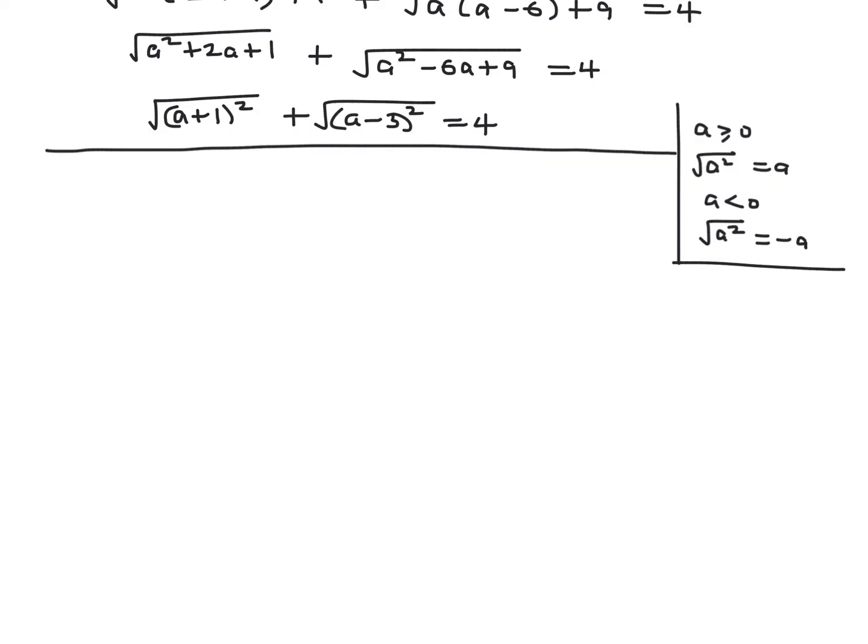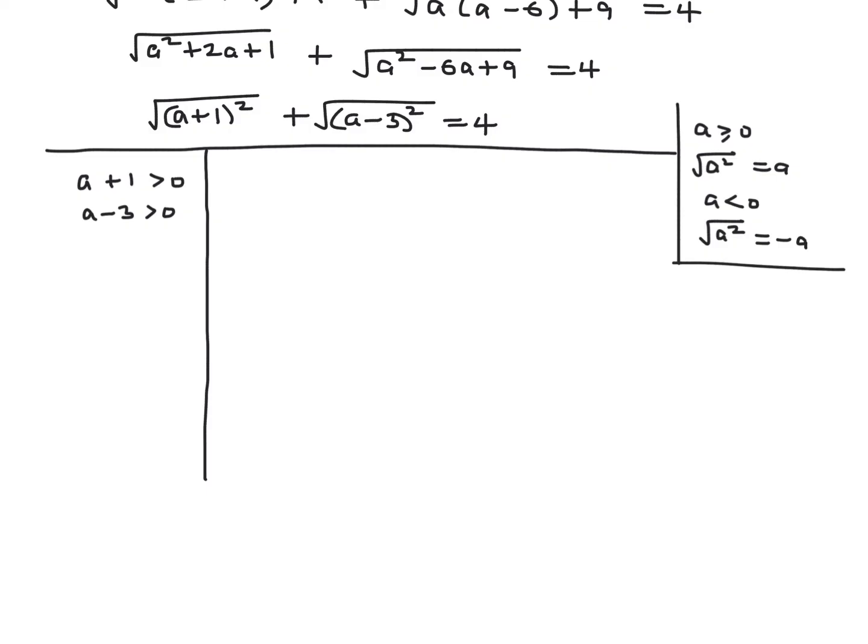Both positive, both negative. We'll probably have 4 scenarios, I think. Both positive, both negative, one positive, one negative, and I'll walk through them. So the first scenario would be if a plus 1 is greater than 0, and a minus 3 is greater than 0. So that's the first one.